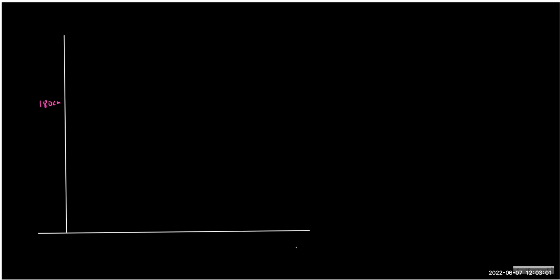Now let's keep it like this. Half is mirror and half is the space from the ground. So 50 centimeter is the mirror and 50 is the space from the ground. This is 2 meter, which is 200 centimeter, and this is the eye level.